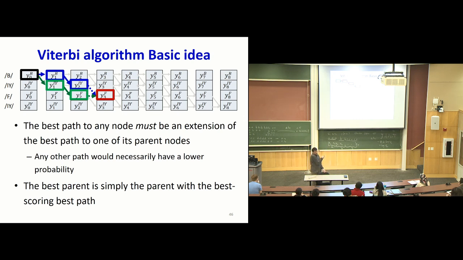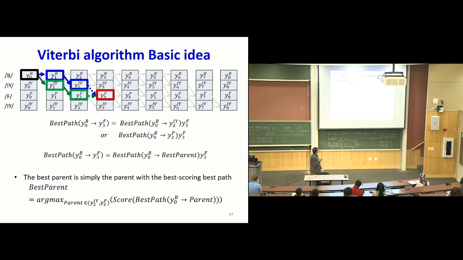So, a path that ends here must be either an extension of a path that ends at the blue node, or an extension of the path that ends at the green node. I can write that like so. I can say the best path from here to here is either the best path from here to here and an extension to this guy, or the best path from here to here and an extension to this guy.